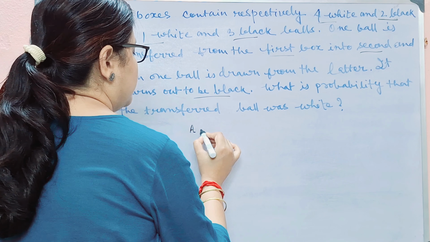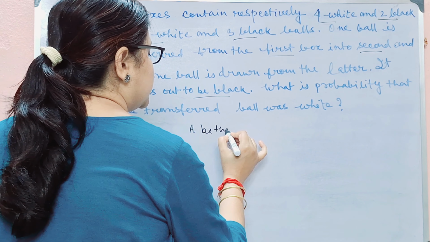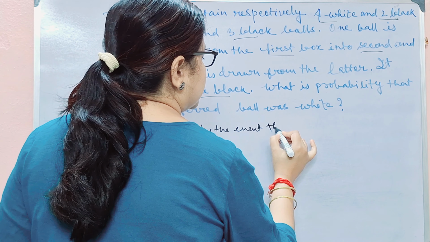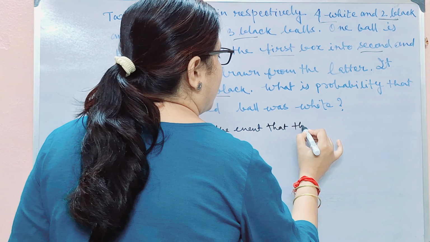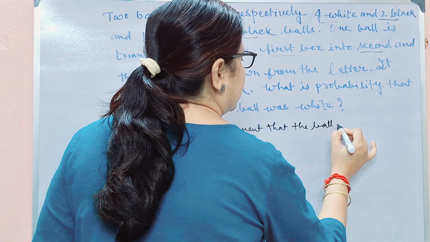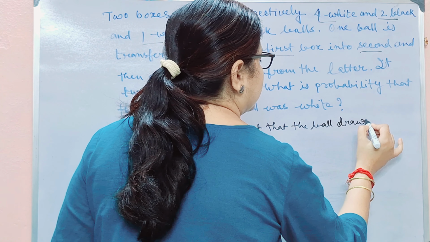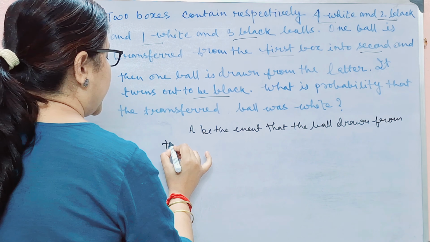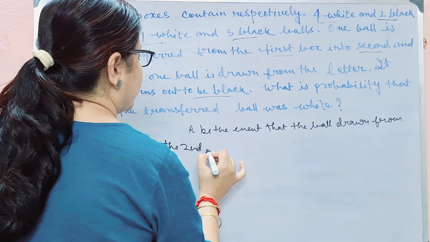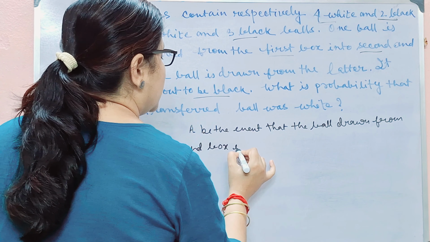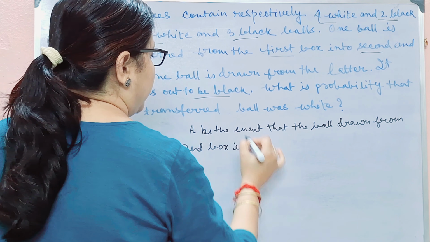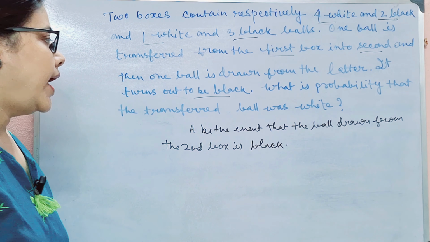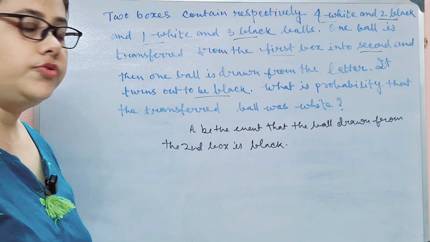So I am assuming A be the event that the ball drawn from the second box is black. And what is A1, A2?